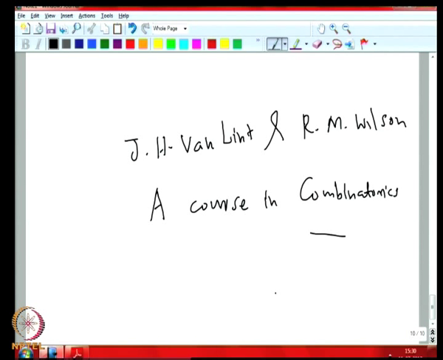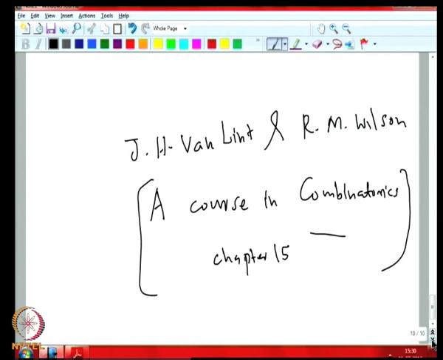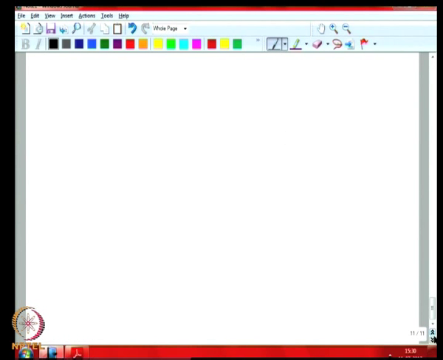This is the 15th chapter, chapter 15. So, there is some more material on this if you want to read. Of course there will be other books, but this is one reference I can give. But we do not want to discuss more on partitions, because we want to see other things, right.